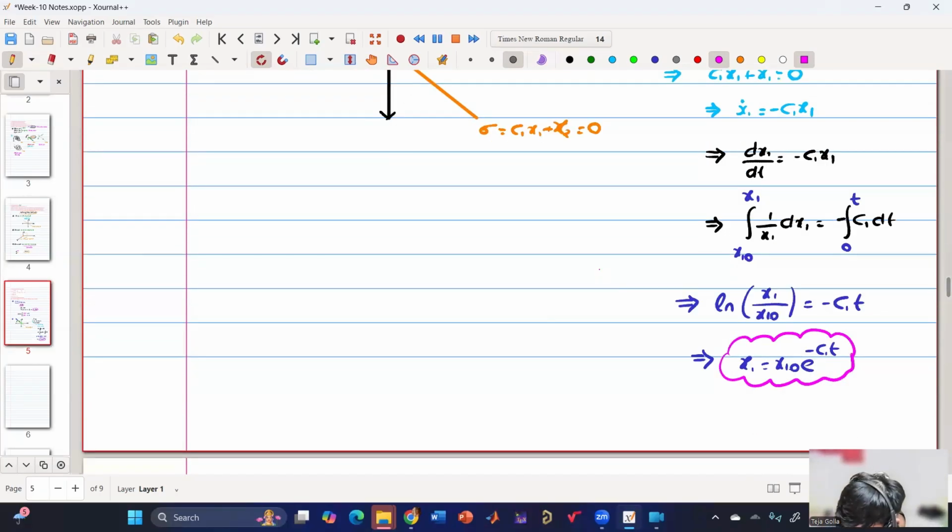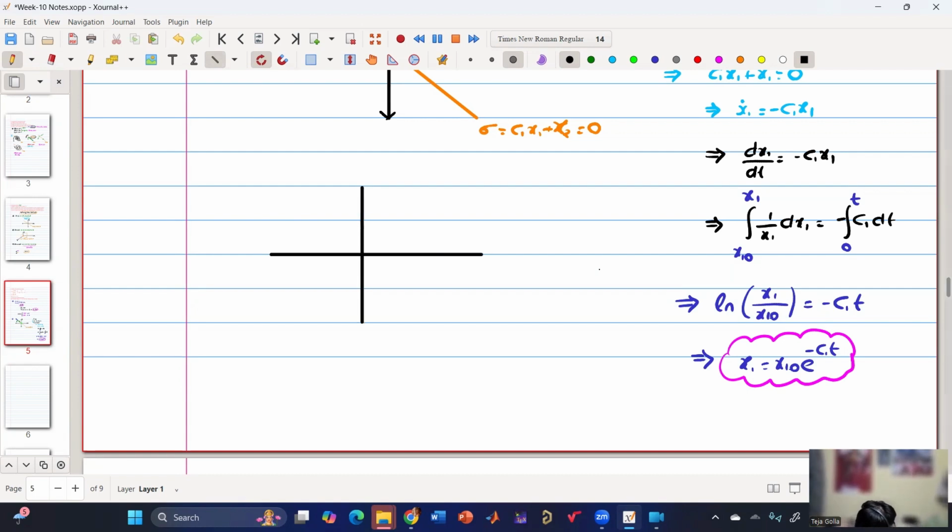So if I redraw this and then say my initial condition is like this, so if it is going in this direction, then C1 should be positive, right?